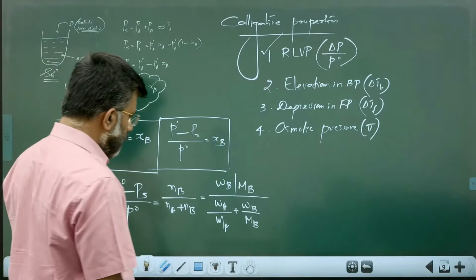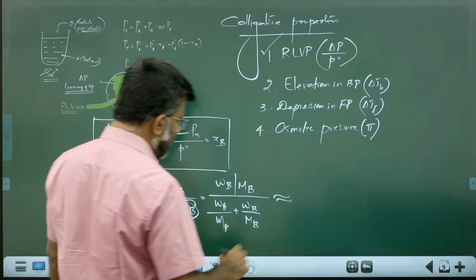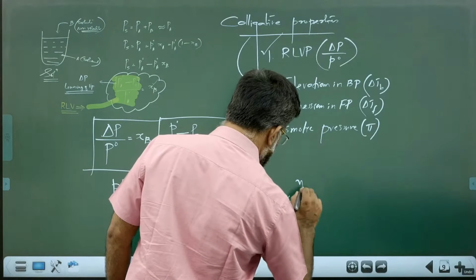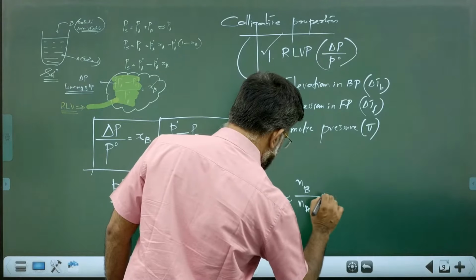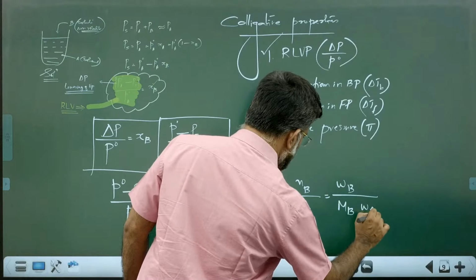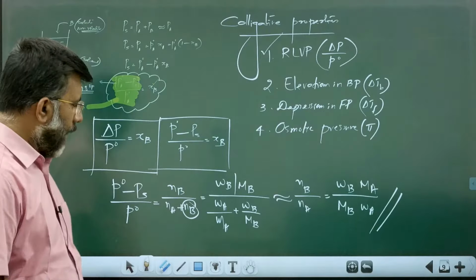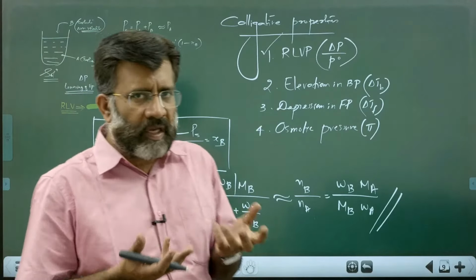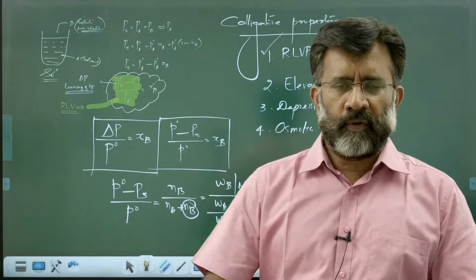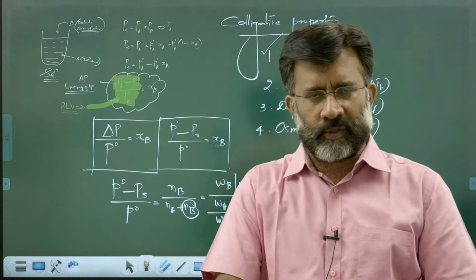Or you can approximate it, if NB is negligible, as NB by NA, that is WB by MB divided by WA by MA. If you are dealing with a dilute solution where the quantity of solute is negligible compared to solvent, you can make use of it like that also.